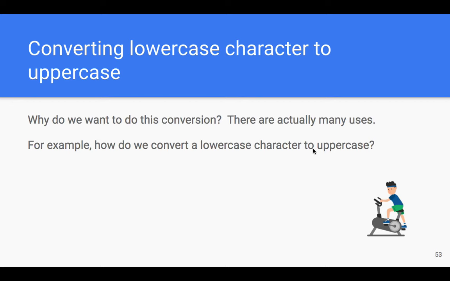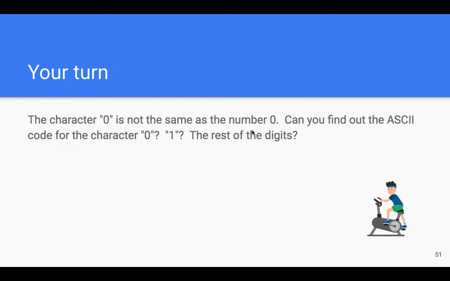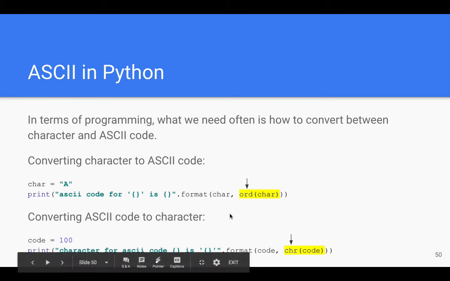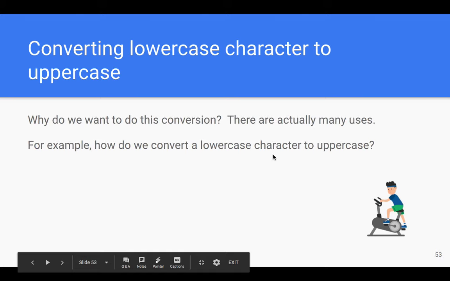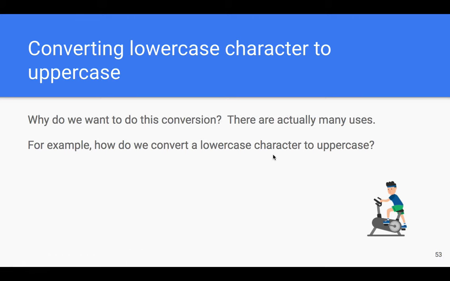Given what we have done here and given the ASCII table, you should be able to figure out a way to do that. I'm going to give you a chance to think about it before I show you the answer.